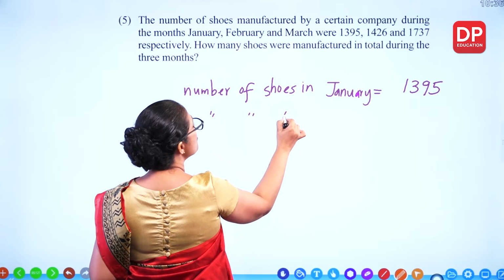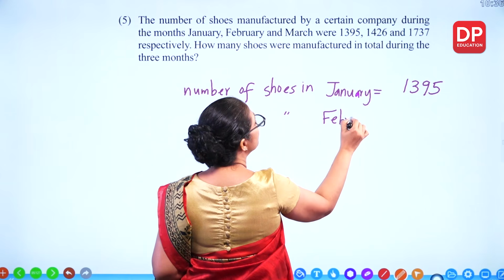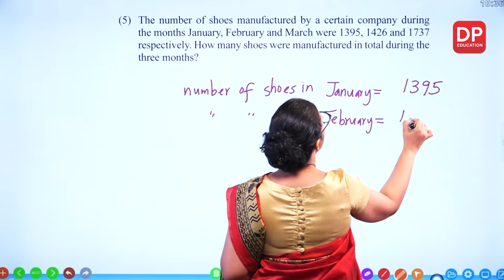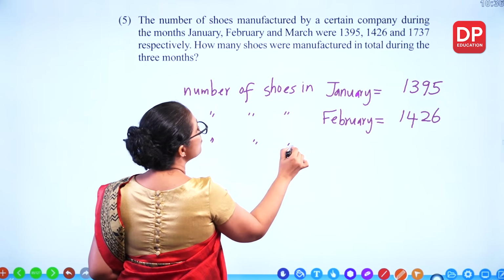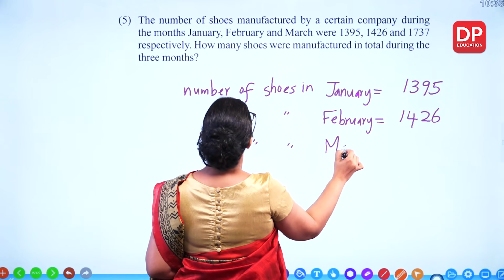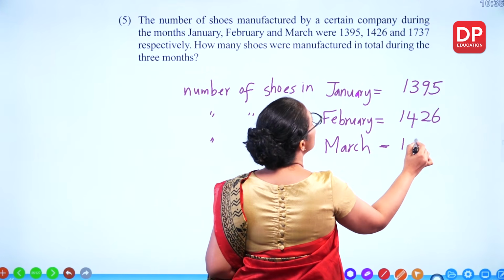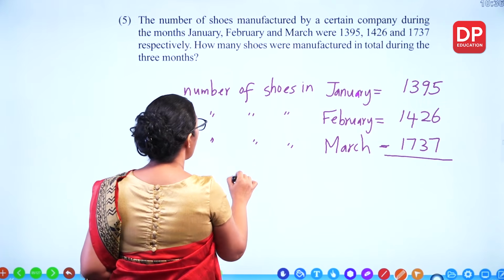Number of shoes in February, 1,426. Number of shoes in March, 1,737. So you can find out the total.